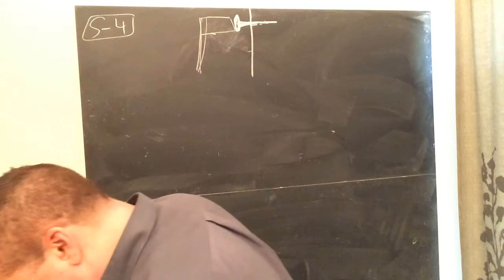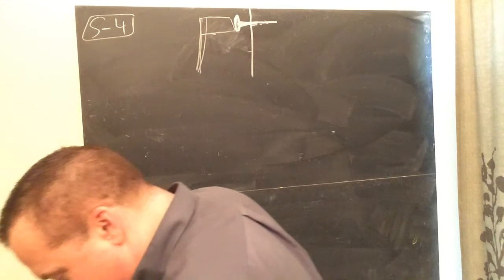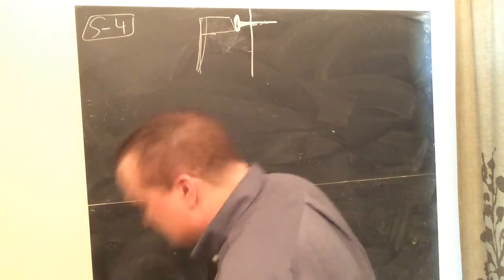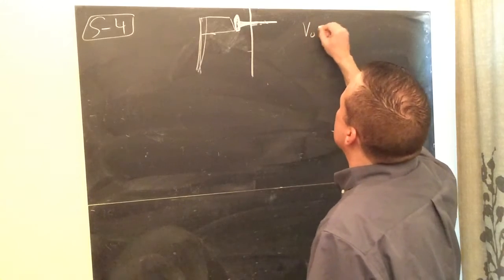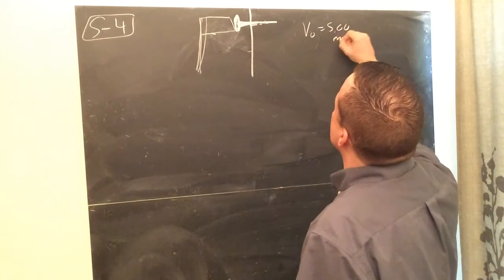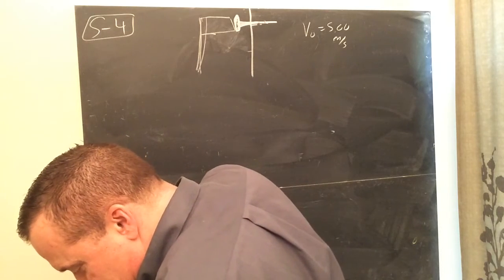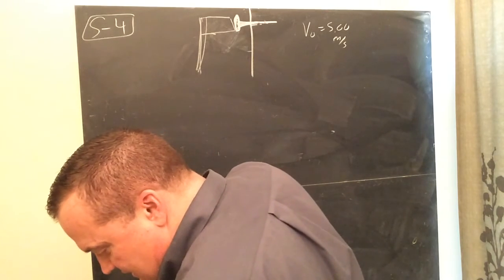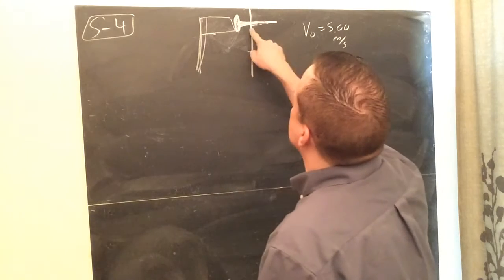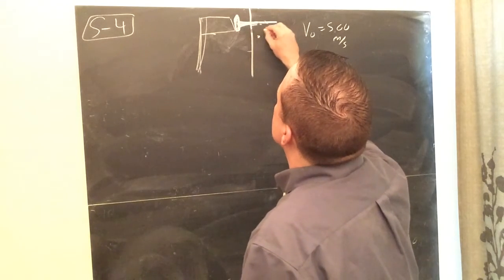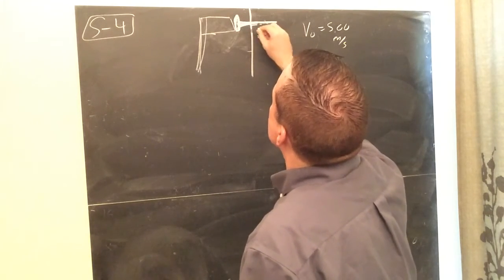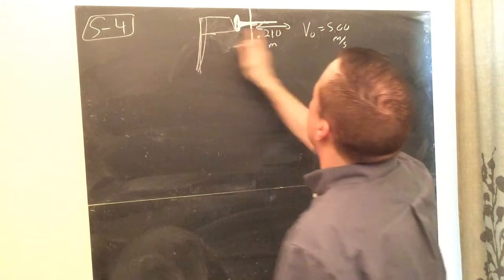And it says it was moving 5 meters per second. So the initial velocity was 5 meters per second. Now, it says that as it struck the stake, it caused it to go into the wall a distance of 0.210 meters. That's your distance that it went into the wall.